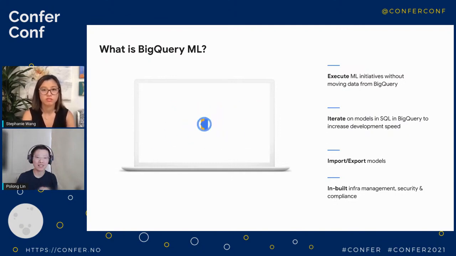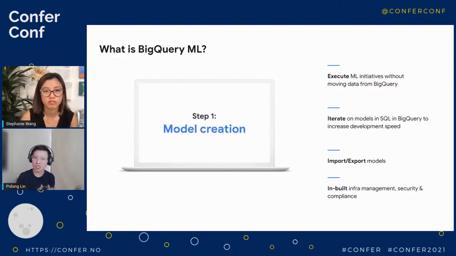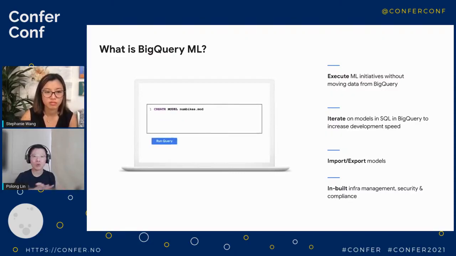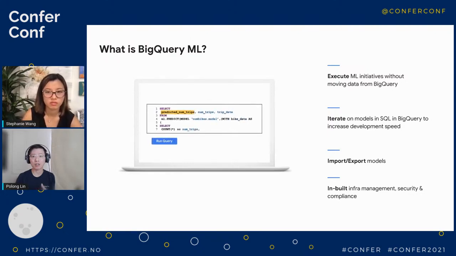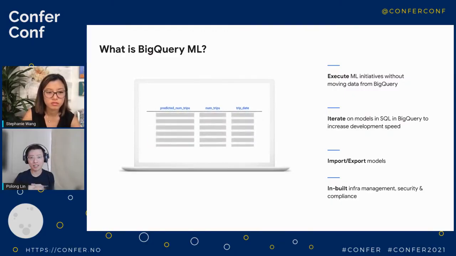You can keep your data in BigQuery, run your SQL statements, train your machine learning models, and use them in production, without having to worry about all the infrastructure you may need to set up. Maybe you don't even need extra hands to figure out how to do machine learning. You could do it yourself if you're already familiar with SQL.